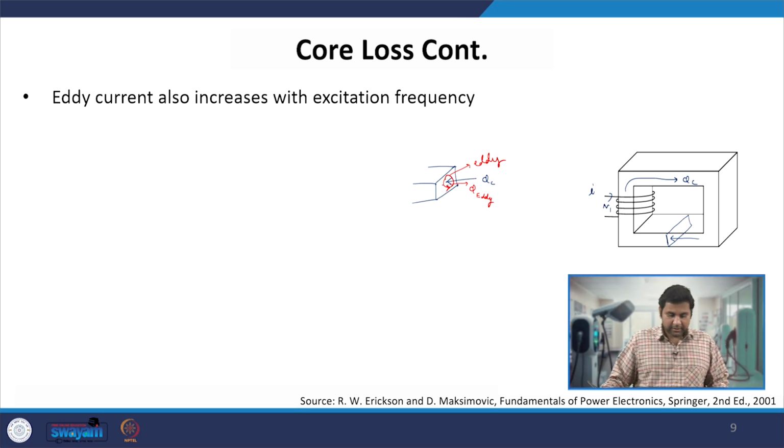Now this particular eddy current is basically a resistive loss. Why can we say it is a resistive loss?